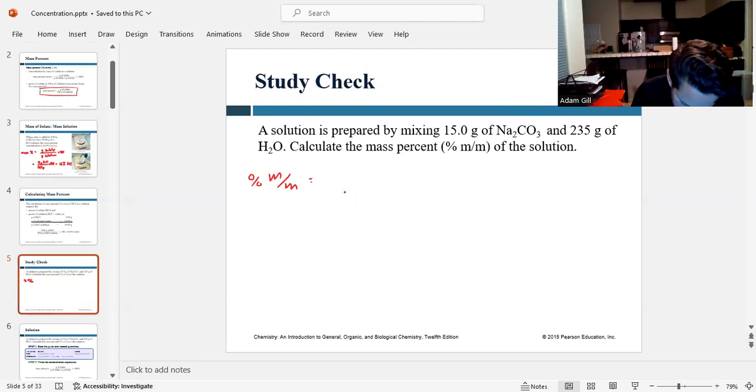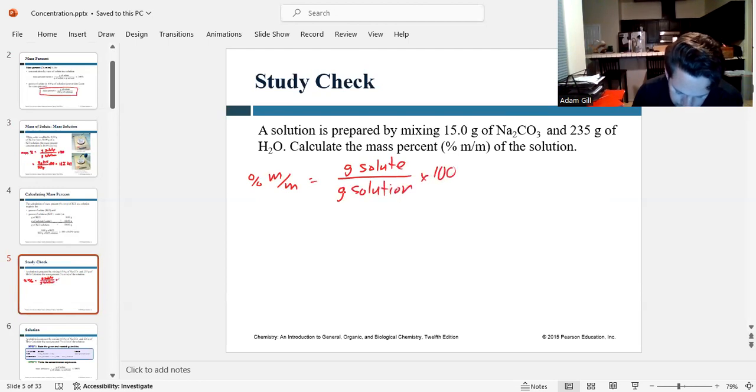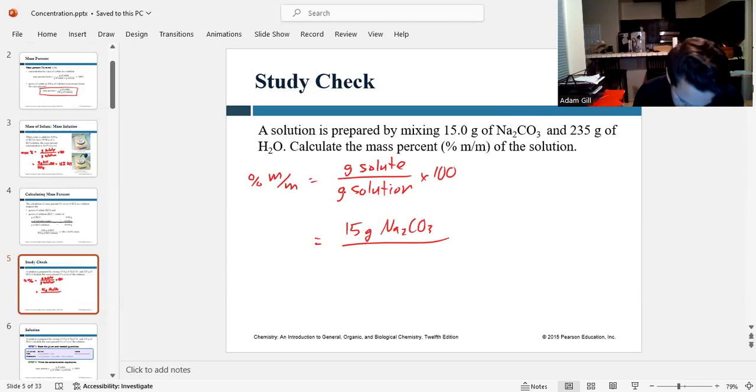So percent M over M is going to be equal to grams of solute divided by grams of solution times 100. Well, we have 15 grams of Na2CO3. Now the solution is the total mass. And so that would be 15 grams plus 235 grams, which is 15 over 250.